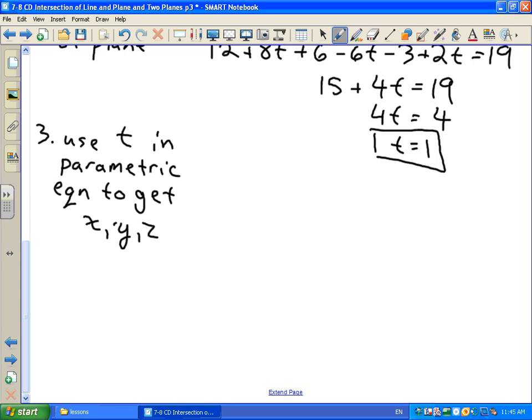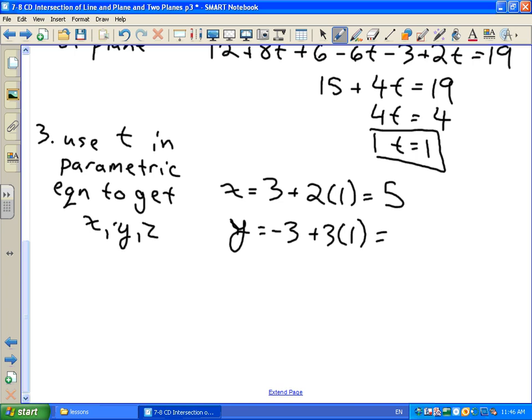So what were our parametric equations? Well, let's see. X is going to be 3 plus 2 times 1, so we'll have an x value of 5. Y is going to be negative 3 plus 3 times 1, which is going to give us 0.